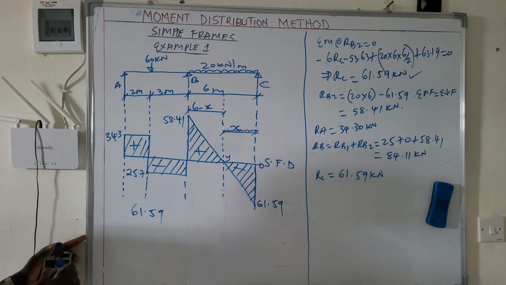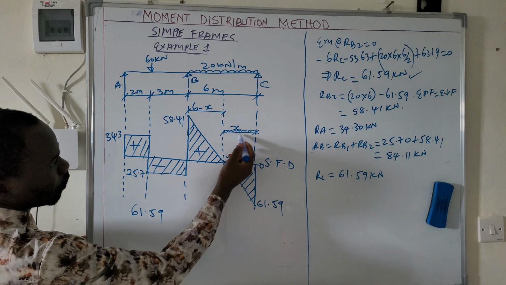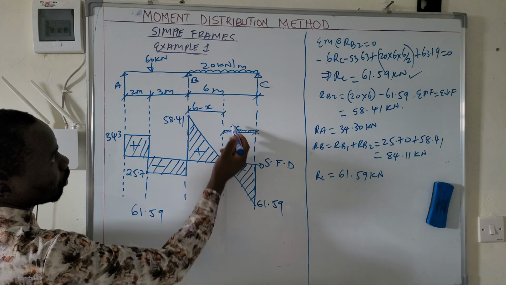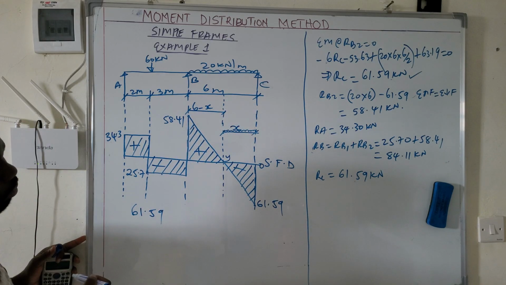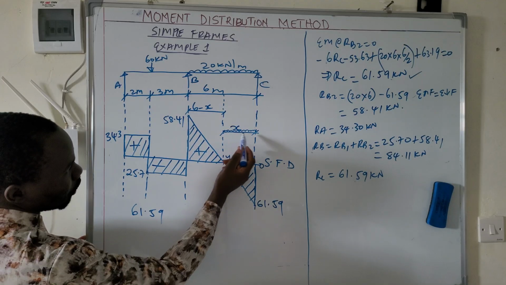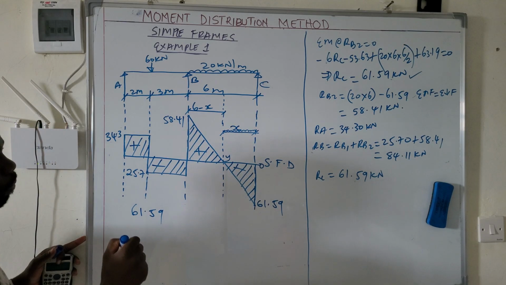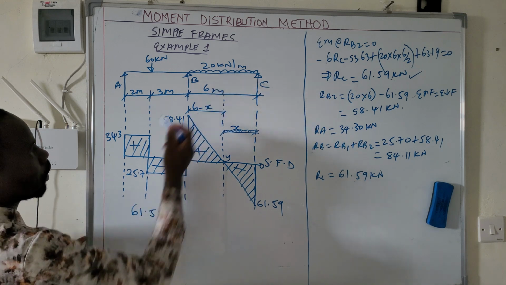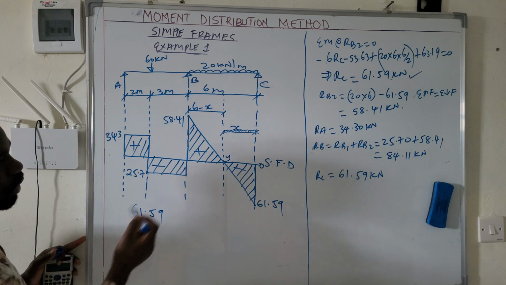61.59. So from here to here, we have a UDL of 20 kilonewton per meter, but we don't know the distance. The distance is x, and to get a point load from a UDL, you multiply by distance x.